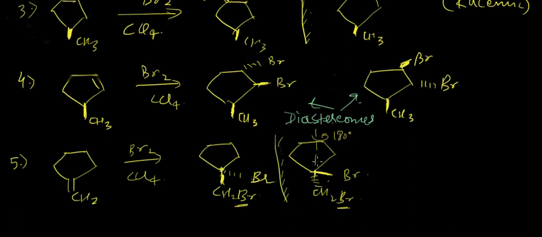Obviously this is not a chiral center, but the ring is a stereogenic area, so the total number of stereoisomers is 2 to the power n.